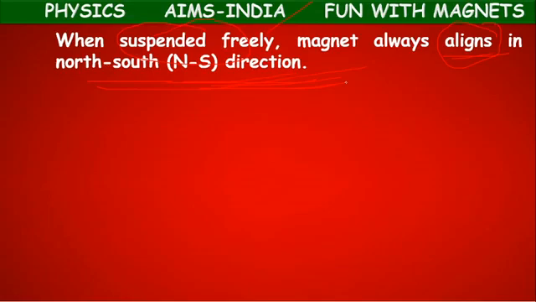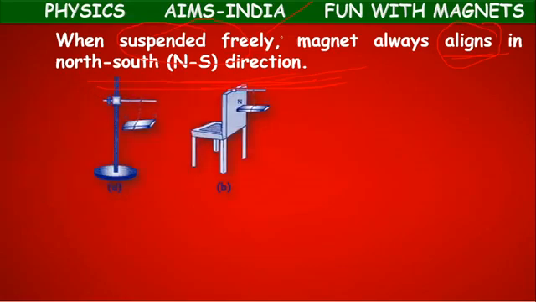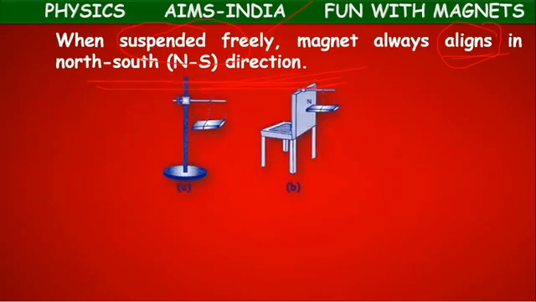If we suspend a magnet freely with the help of thread and a rod, so then what happens to the magnet? If it is suspended to a stand with the help of thread, or to the backside of a chair with the help of thread, then what happens?